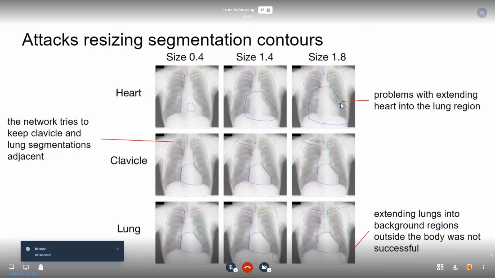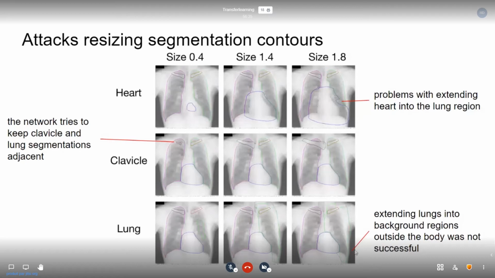And generally that worked pretty well, but there were a few problems, and we had a few observations made by just manually looking at the predictions of the network with respect to adversarial examples. So we had again this problem with extending hearts far into the lung. It's kind of the same thing that we got with the large heart.